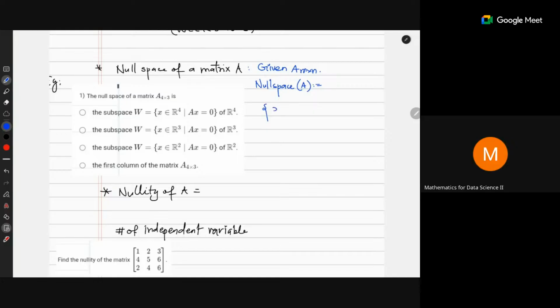So it is the set of all x inside your vector space, in this case Rn, such that Ax is equal to 0. All right. So this is the definition of the null space. On the right hand side, I have mentioned the definition.